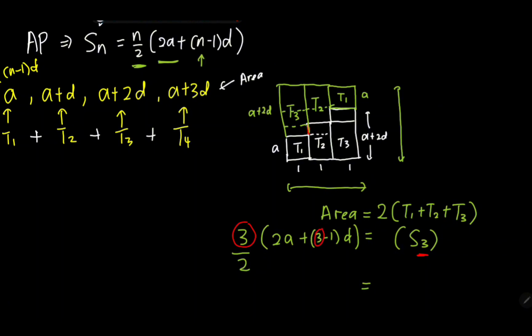If today I change the 3 into n, then all the things I circled here will become n. It becomes n over 2, (2a plus (n minus 1)d). This is how we get the formula.